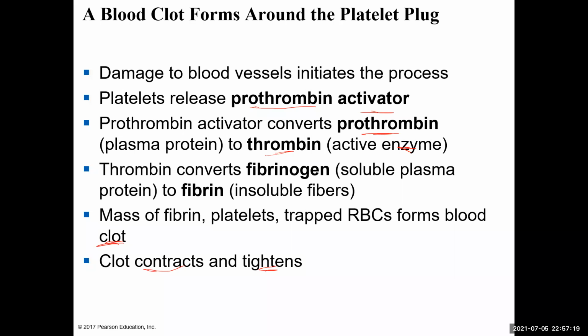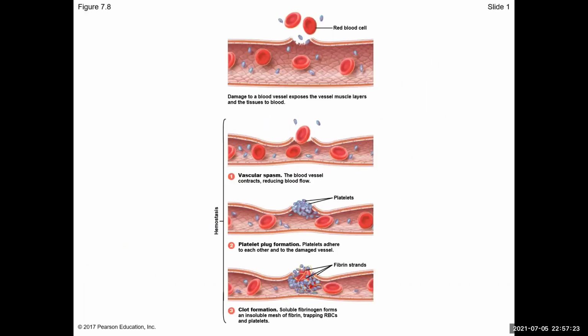Okay, so to take these sentences of confusing words and terms and try to make it simpler into a figure, okay, we have our 3 steps of hemostasis, right? So you have your vascular spasm, you have your plug formation, and then you have your clot formation. So you have your damage, right? This is causing the bleeding.